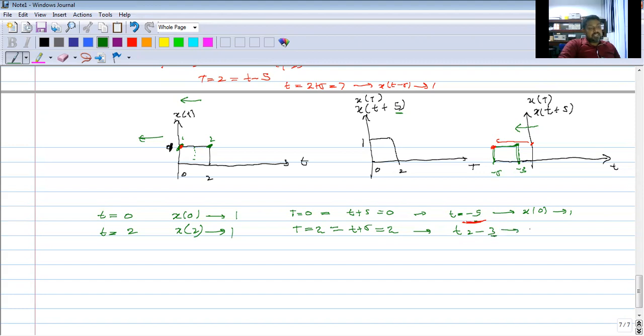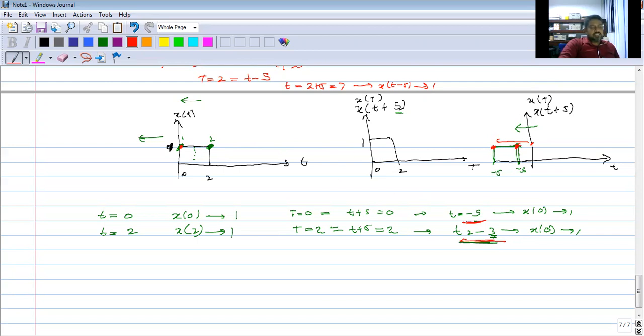That means this is the point corresponding to x(2) equal to 1, for the second point. So our second point is moved to minus 3. You can see minus 3 here. So this is the point.